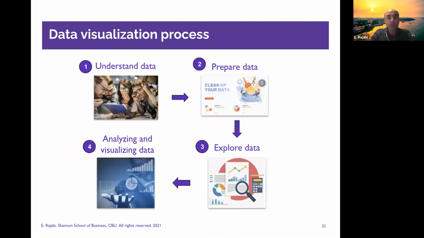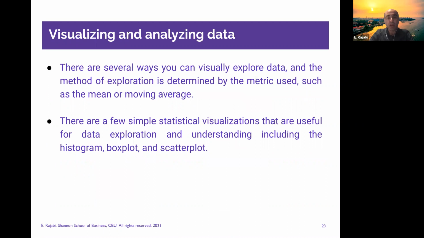And finally, after we explore data, we have analyzing data, where we visualize data and after that analyze data based on different visualizations. We can simply use a histogram, bar chart, box plot, and scatter plot to visualize data. But there are some rules that we should follow based on the data type or based on your data set. You should select the right visualization for your data set.